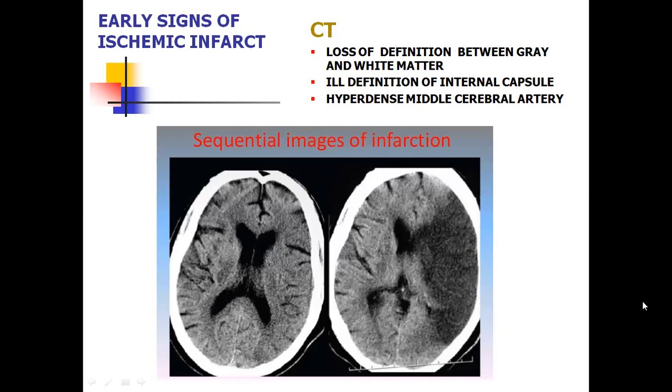Early signs of ischemic and hemorrhagic infarction. On CT, we should observe loss of definition between gray and white matter, ill definition of the internal capsule, and hypodense middle cerebral artery.